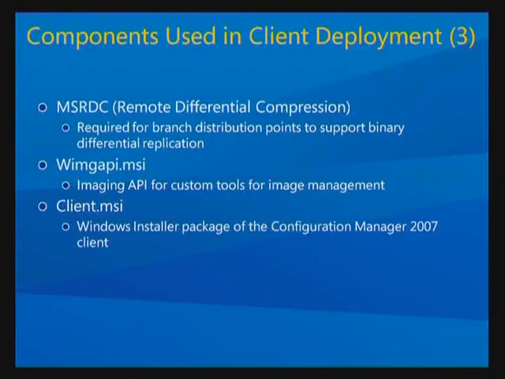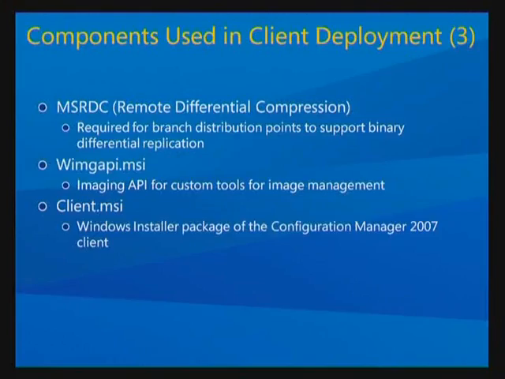So we install that on all branch distribution points except Windows 2000. That's why you can't use a Windows 2000 client as a branch DP, because it doesn't support the MSRDC component. So we install it so you have the binary delta replication for your branch DPs. WIM-G API is used for APIs for OSD, so we install it automatically as well.